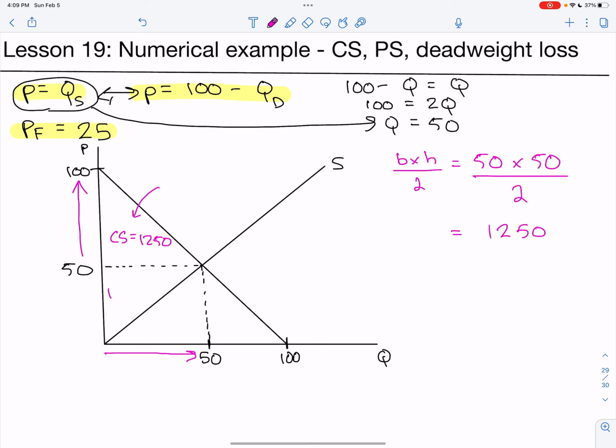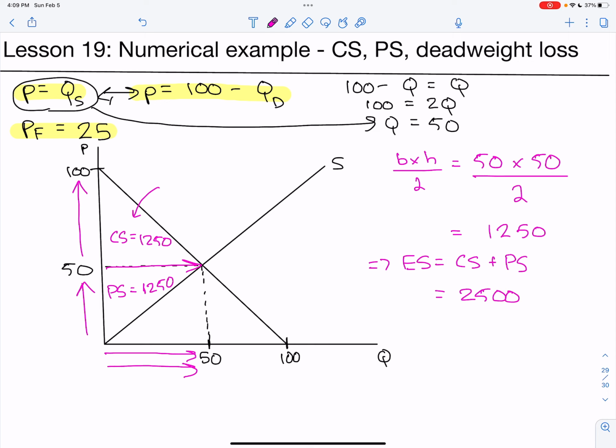Now, what would our producer surplus be? You'll notice that this problem is pretty symmetrical. You have, once again, a base of 50 and a height of 50. So it's just 50 times 50 divided by 2 again, and our producer surplus is 1,250. That means our economic surplus is just consumer surplus plus producer surplus, 1,250 plus 1,250, which is 2,500.